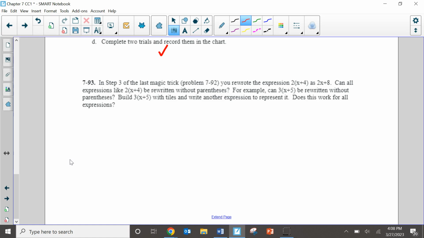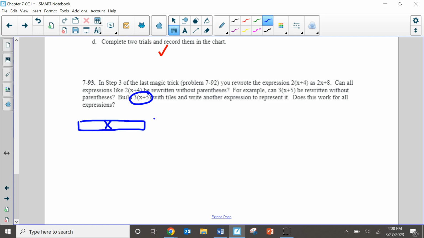Okay, so we are going to go ahead and build what this would look like. So what this is saying, and remember, multiplication means of, or of means multiplication. So if I want to relook at this, I could think of this as 3 of x plus 5, or 3 groups of x plus 5. Okay, that's what this means. So 3 groups of x plus 5.